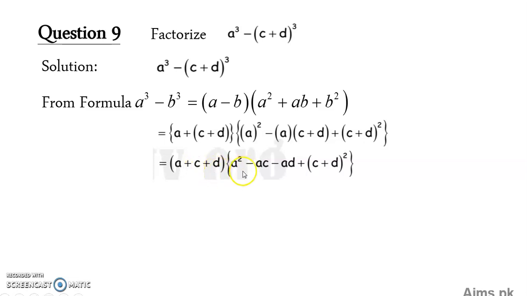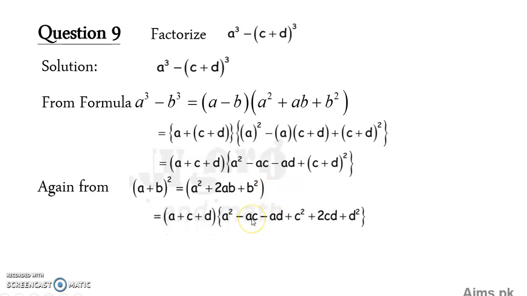I have simplified it using the algebraic rules. In the next step, you can expand it using the identity a plus b whole square. After expansion, rearrange it, add and subtract the like terms if they exist. If they do not exist, this is your required answer.